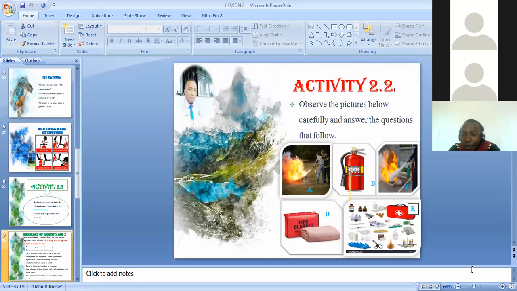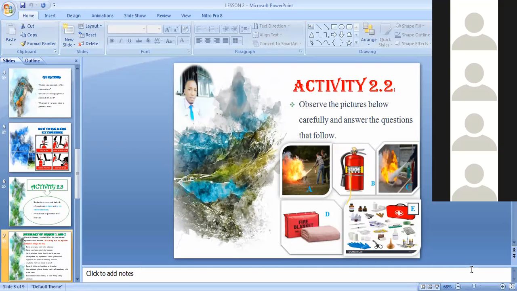So chance is going to be given to the first member who rose up a hand. Pretty? Putting off fire. The activity is putting off fire.